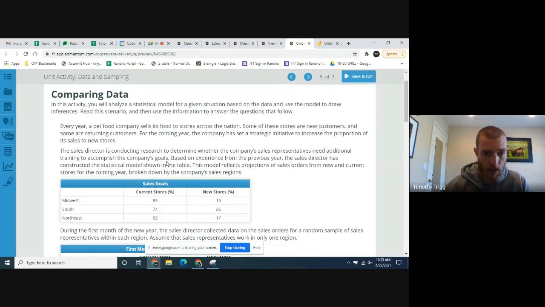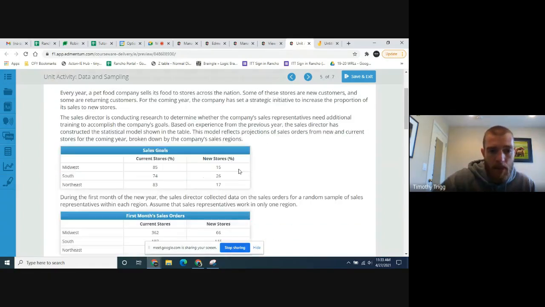The sales director is conducting research to determine whether the company's sales representatives need additional training to accomplish the company's goals. Based on experience from the previous year, the sales director has constructed the statistical model shown in the table. This model reflects projections of sales orders from new and current stores from the coming year, broken down by the company's sales regions.